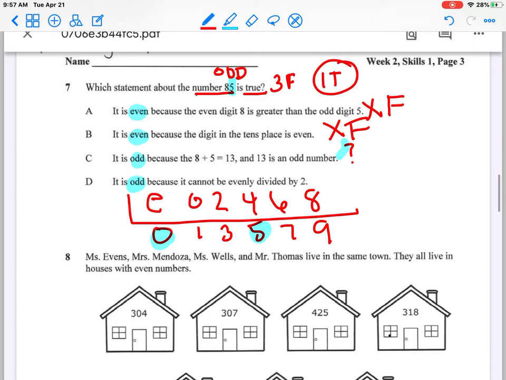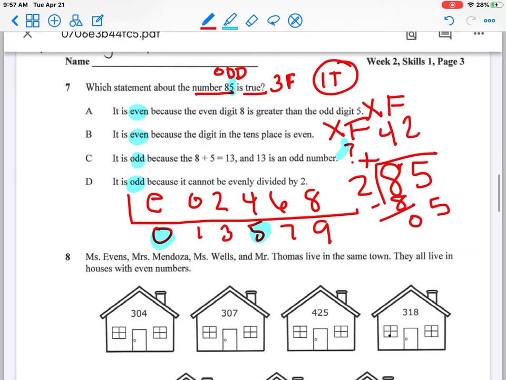I want to find out. I am going to divide 85 by 2. How many times does 2 go into 8 without going over? 4. 4 times 2 is 8, and 8 minus 8 equals 0. But I bring down my 5. How many times does a 2 go into the 5 without going over? 2, because 2 times 2 equals 4, and 5 minus 4 equals 1.